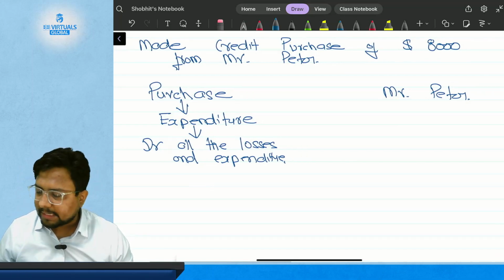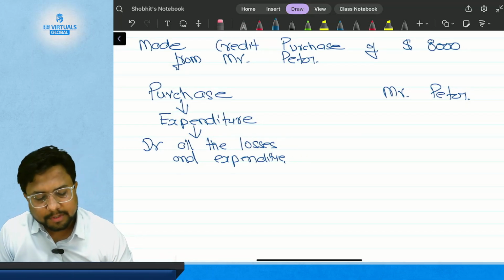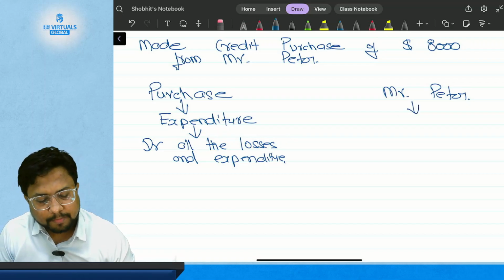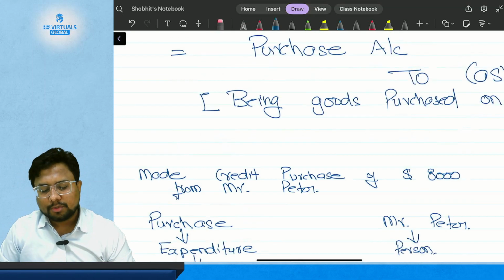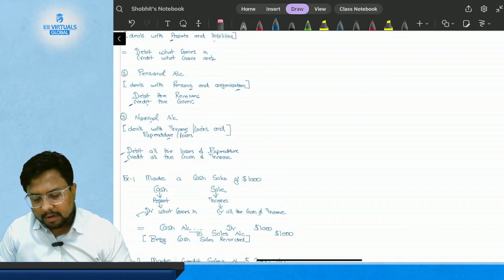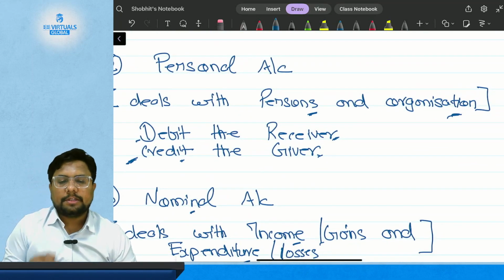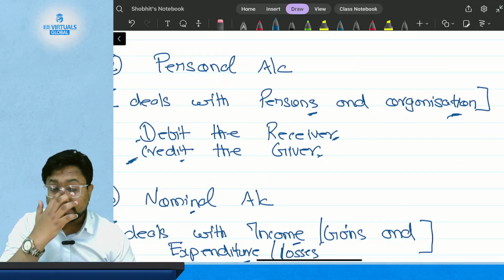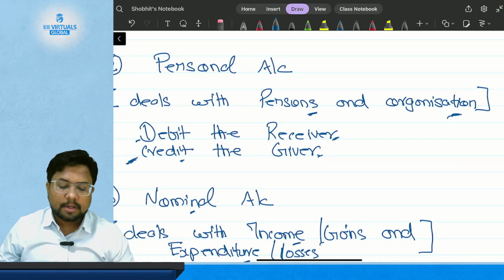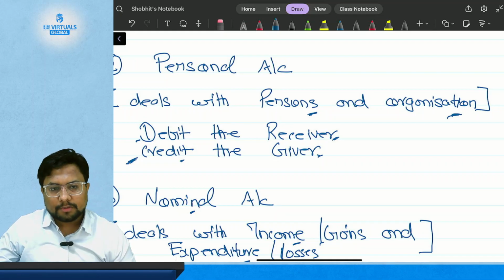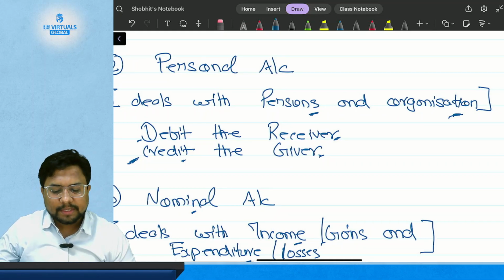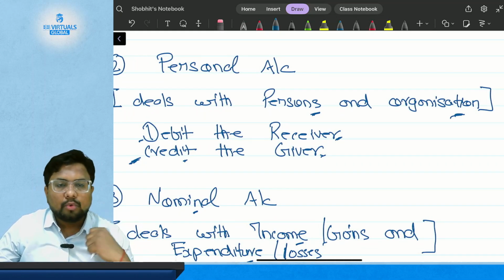Now comes our second element, Mr. Peter. When it comes to a person, who deals with a person? It is dealt by the personal account, and the rule says debit the receiver, credit the giver. In this case, who is the receiver and who is the giver?